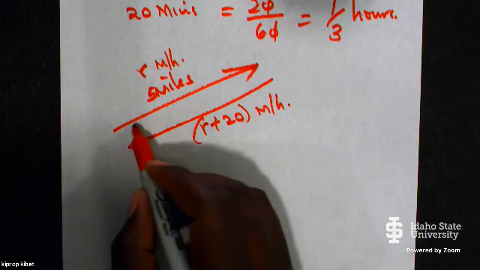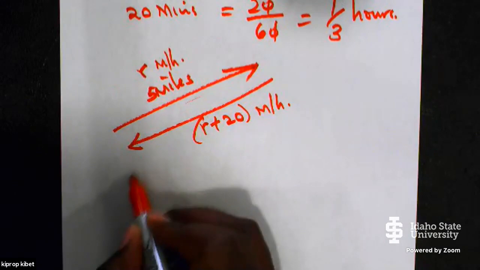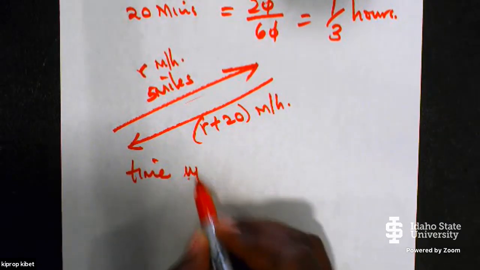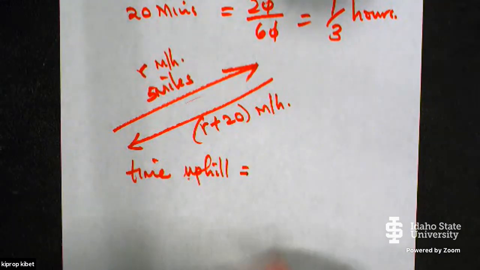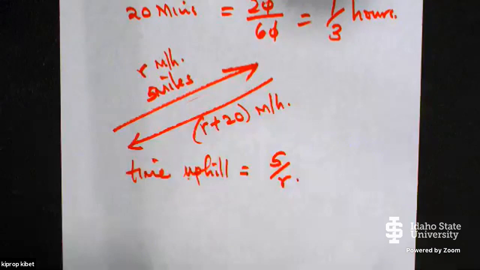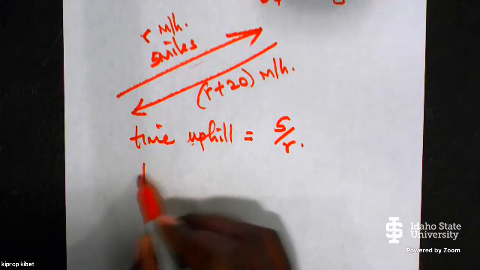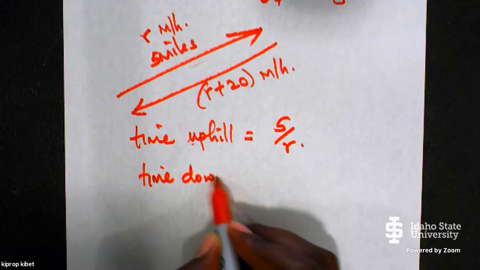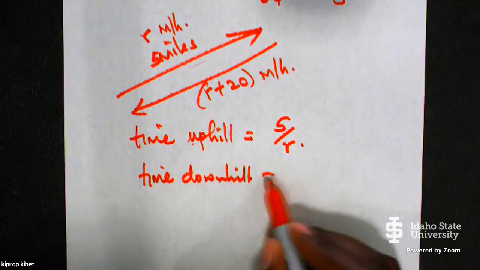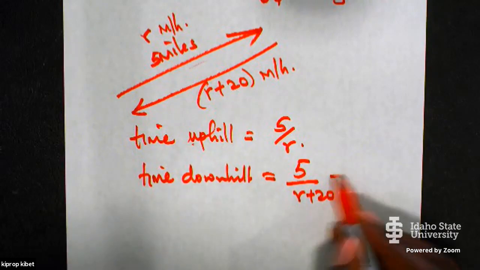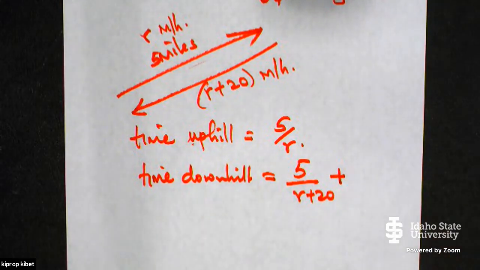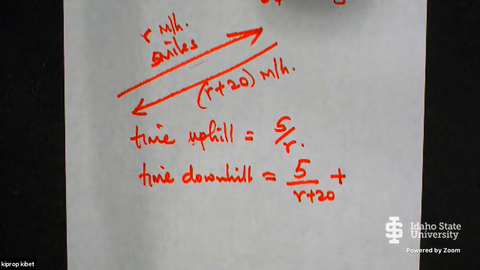Time to go uphill is distance over speed, so 5 over R. Time to come downhill is 5 over R plus 20, plus 20 minutes again, so plus 1/3.